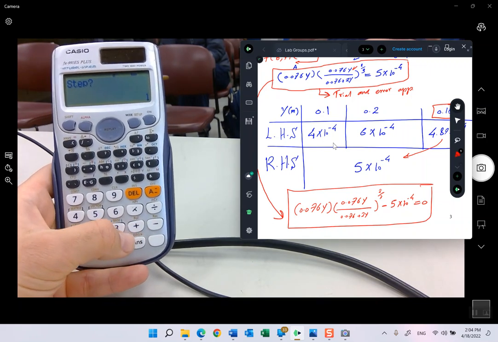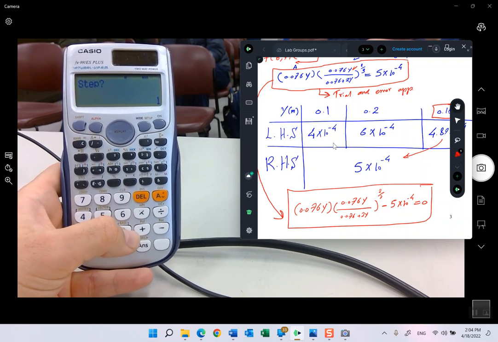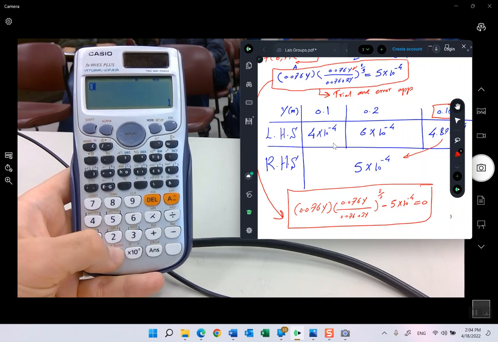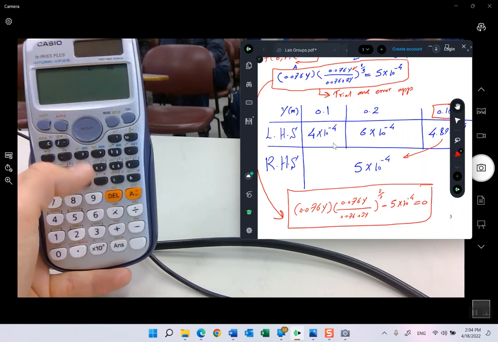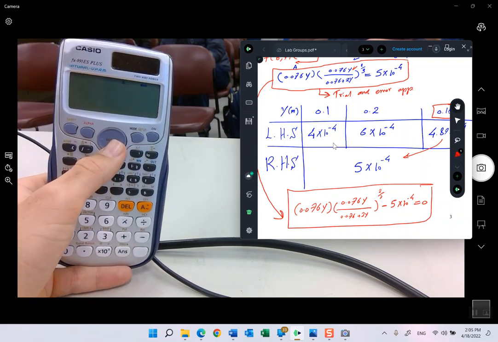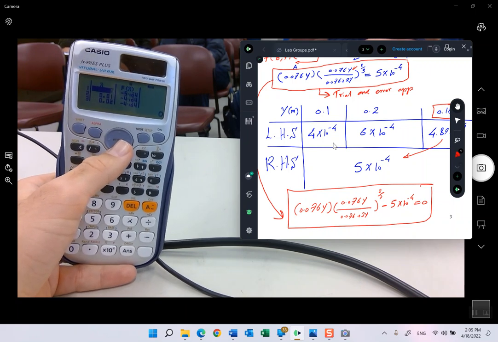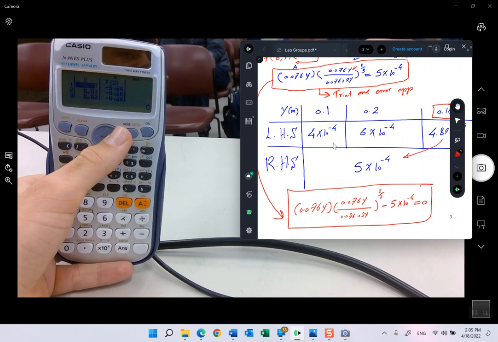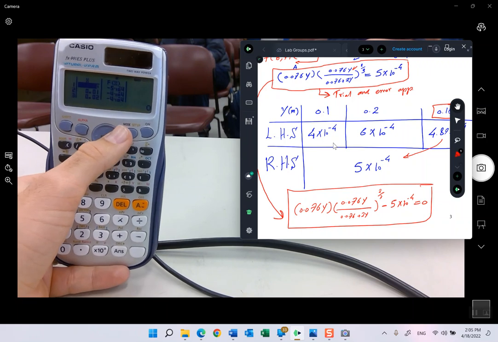Equal. It asks you about the step. Like, do you want me to do this calculation each 0.05, 0.02? So you select. I say, okay, 0.01. And what it is actually doing right now is giving you the results directly of the right hand side.